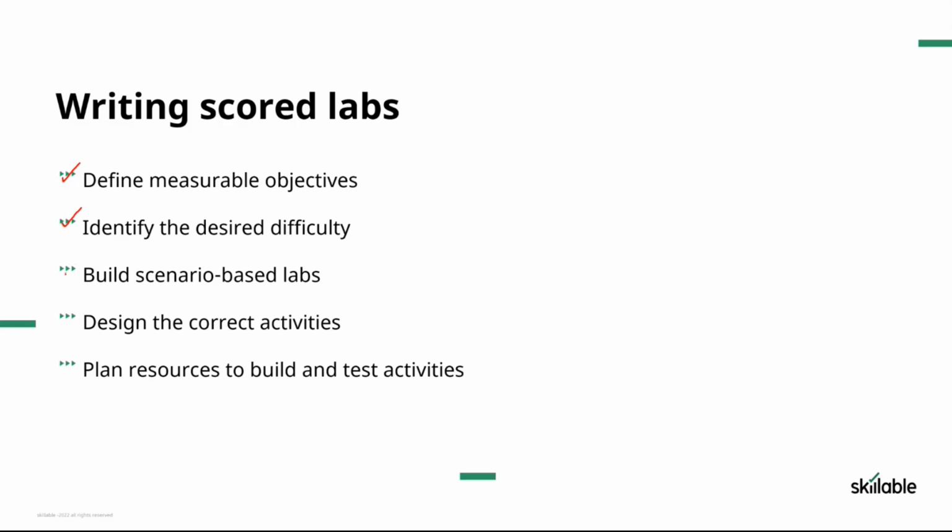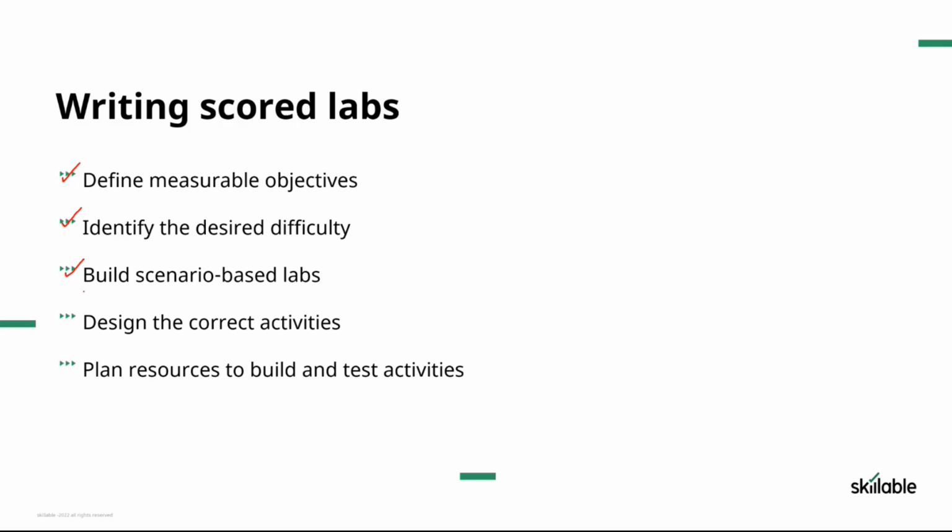Then also think about doing this in terms of scenario-based labs. What does that mean? If we're defining measurable objectives and we're defining tasks, tie that together into some kind of scenario. There are a lot of traditional labs that I think do a good job of this, but not all do. This really is more lab writing than anything else, but I thought I'd throw it in here because it definitely applies to scored labs as well.